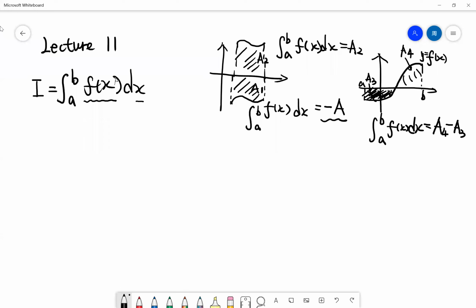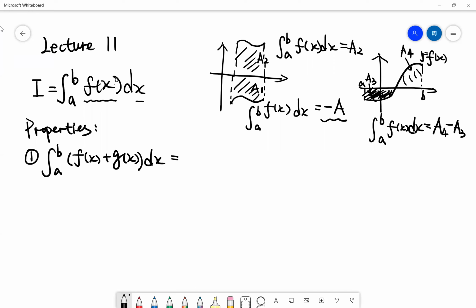For example, we know that the integral of the sum of two functions, f(x) plus g(x), equals the integral from a to b of f(x) dx, plus the integral from a to b of g(x) dx, right?